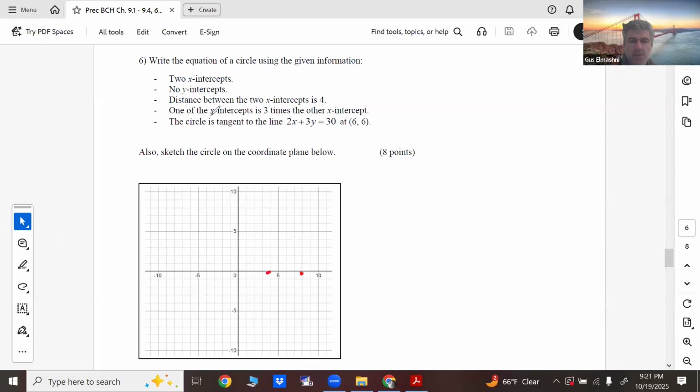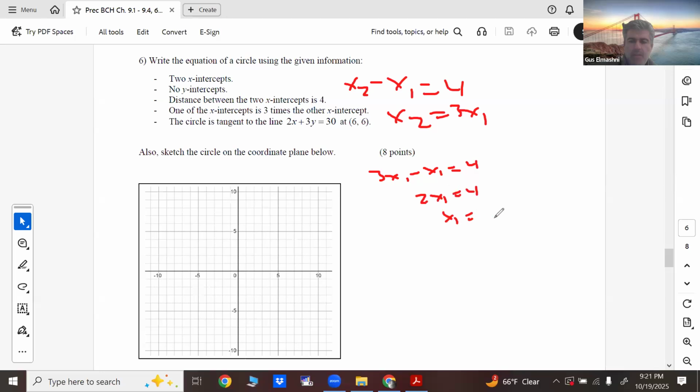So we'll say x2 minus x1 is 4, and x2 is 3 times x1. Well, that's pretty easy to solve. You can substitute. You got that. It's pretty easy.